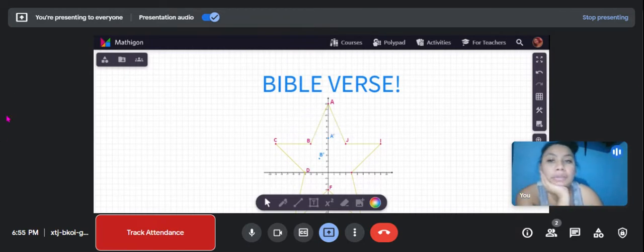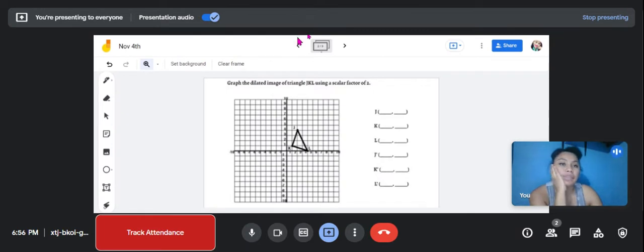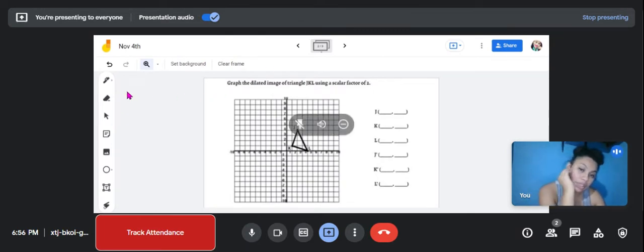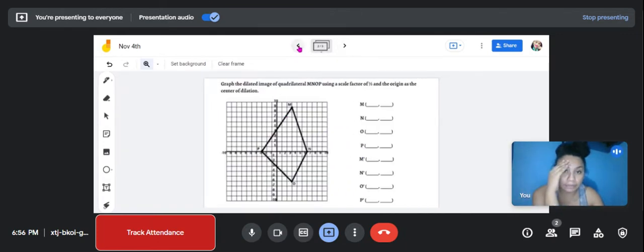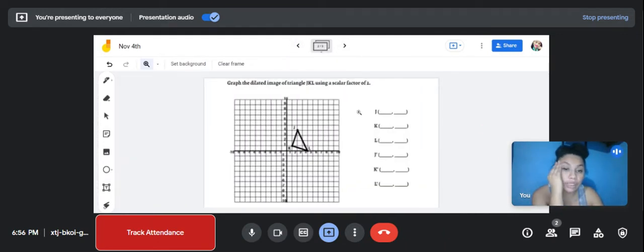All right. Now going into the second activity. The second part of this activity is this one. You have two questions. You have this one and you have this one. If you did not print out the worksheet, you can graph this.